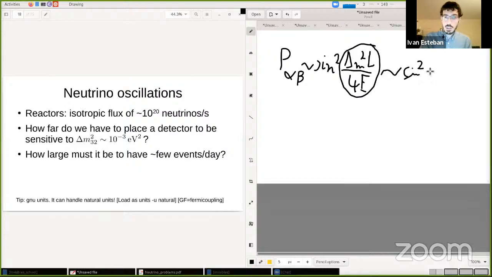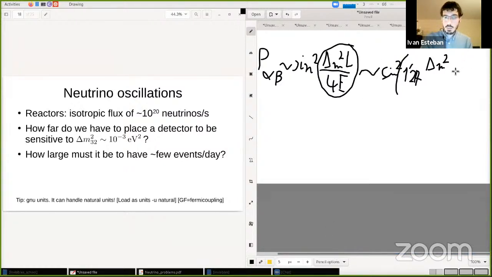This is the sine squared of a factor 1.27 times delta m squared in electron volts squared times L in kilometers divided by the energy in GeV.